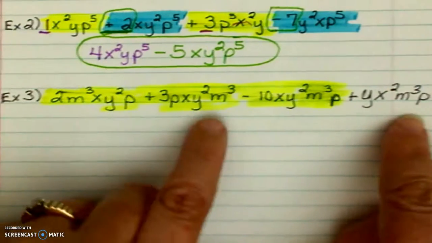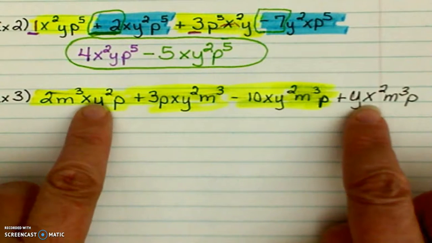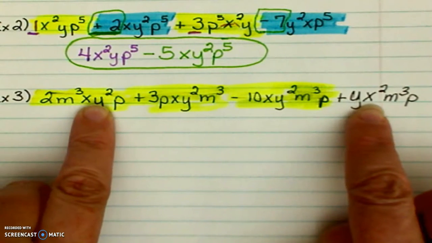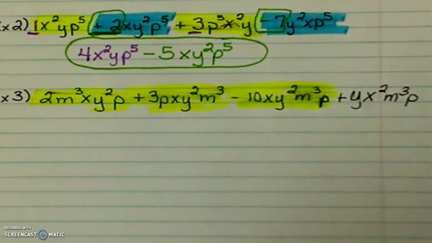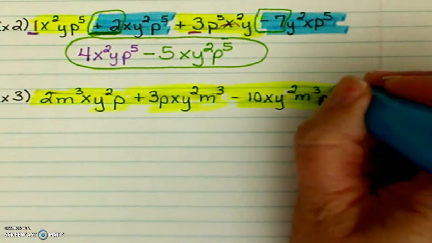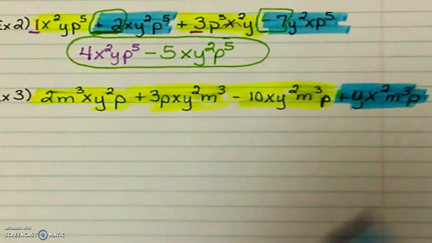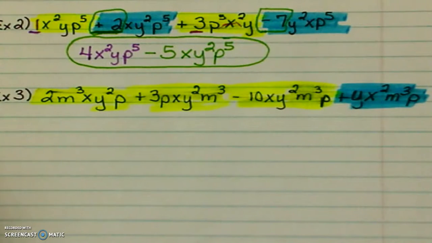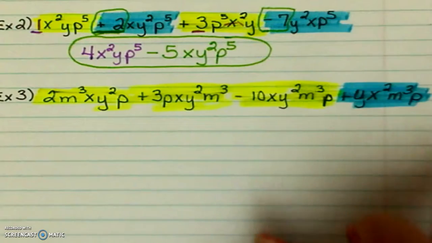Now if I look at the last one, you have m cubed x, that x is squared instead of to the first power. So that means that that is not a like term, and that term is going to be a term by itself. We cannot add it to any other term in the expression here.